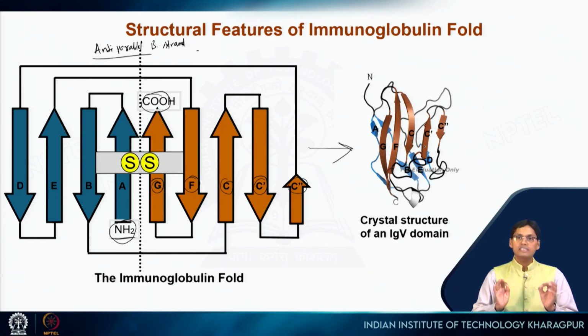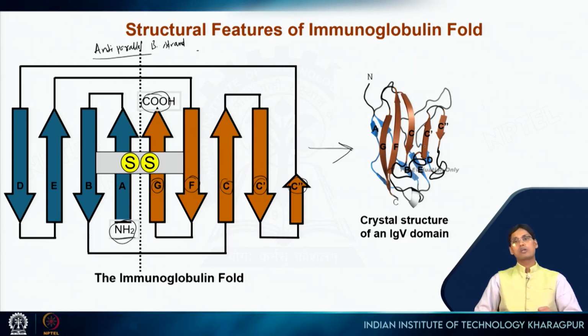When we make a sandwich, for example, we put two breads like this. So that's a beta sandwich topology. Inside we have multiple hydrophobic residues that stabilize the structure. In addition, this conserved disulfide bond also stitches these two beta sheets together.